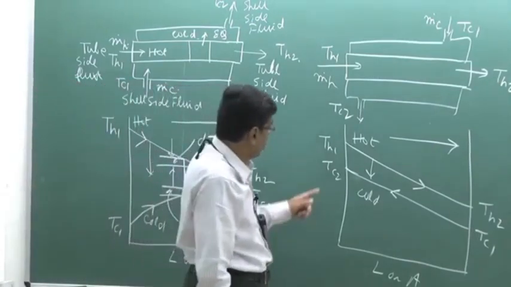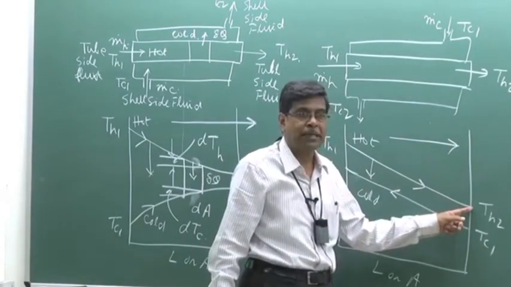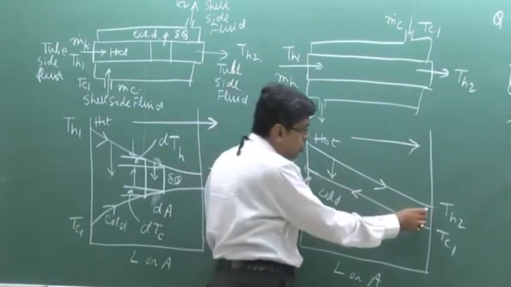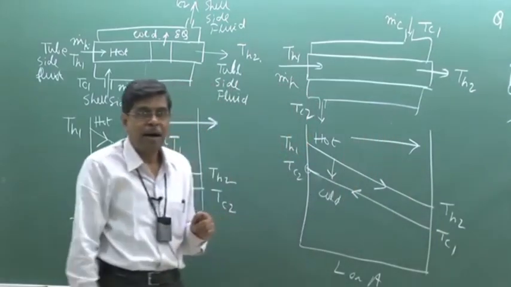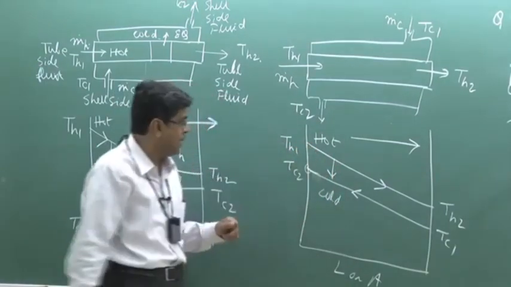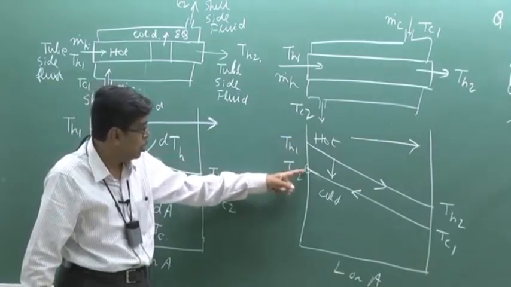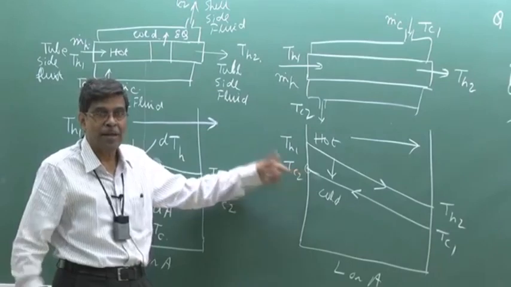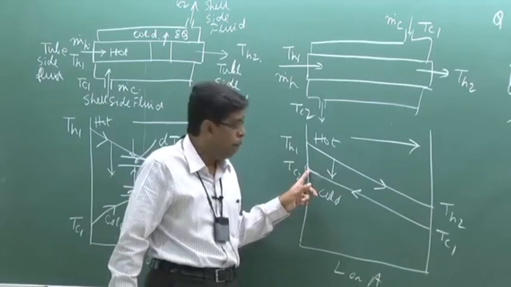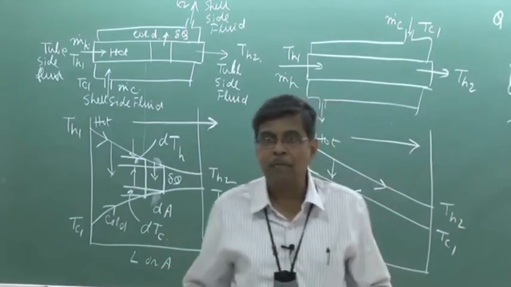But here, in counter flow, the cold fluid outlet temperature may be more than the hot fluid outlet temperature, even in a finite length, because there is no restriction that this will be lower than that, because heat is transferred this way. That means at this end of the heat exchanger, the temperature differential causing the heat transfer is from the inlet temperature of the hot fluid to the outlet temperature of the cold fluid. So as they are flowing in the opposite direction, the cold fluid outlet temperature may be more than the hot fluid outlet temperature, which is not the case for the parallel flow.